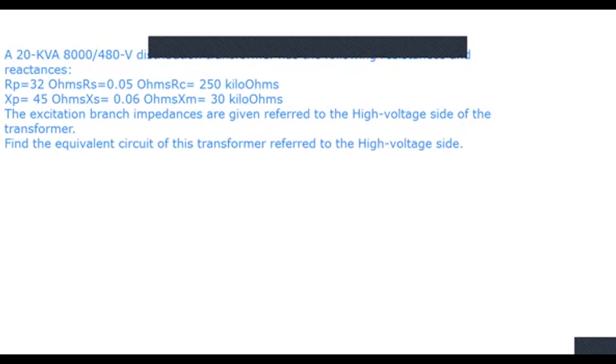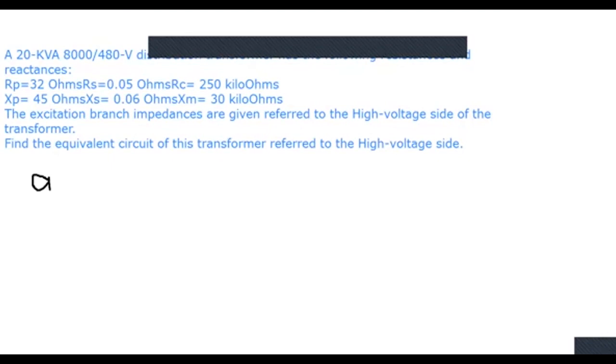We are tasked to find the equivalent circuit of this transformer as referred to the high voltage side. Let us remember that we are referring it to the high voltage side, which is the primary side of the transformer. Since 8000 is in the primary side, it is the high voltage side. First, we must consider the turns ratio of the circuit.